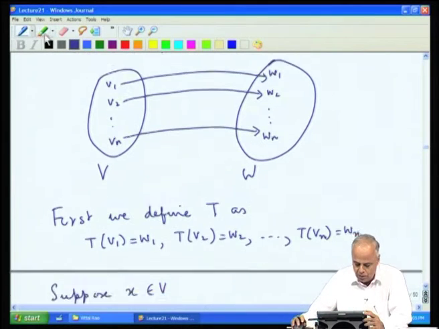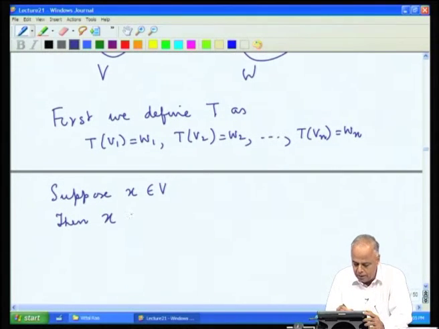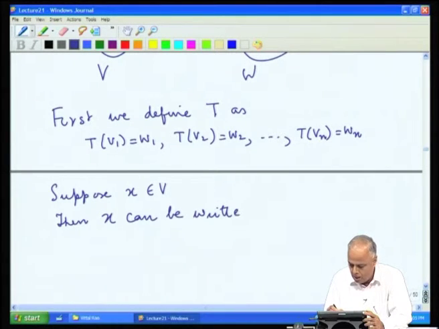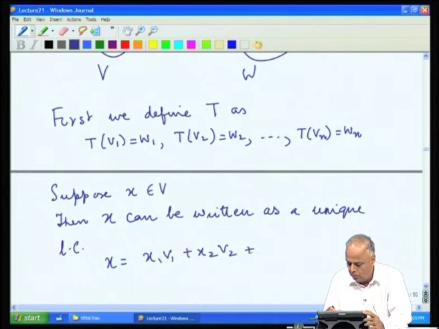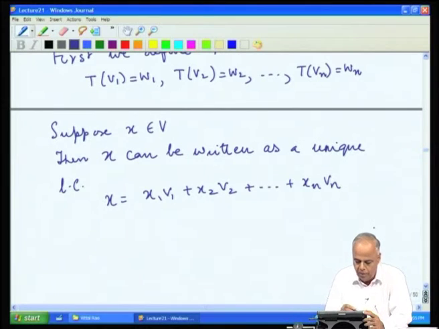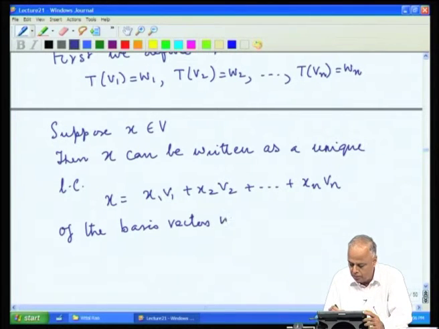Let us do that. Then x can be written as a unique linear combination x is equal to x1 V1 plus x2 V2 plus xn Vn of the basis vectors in BV.